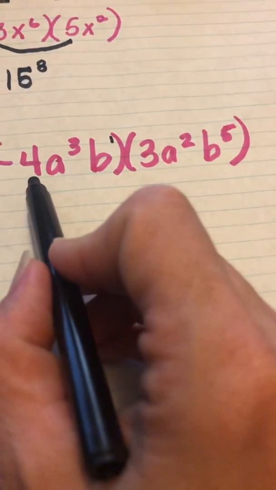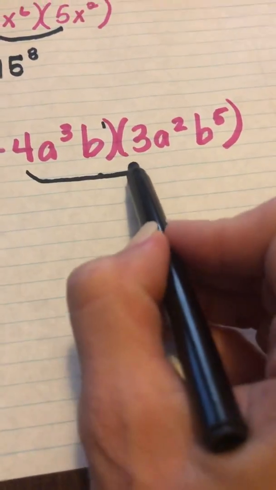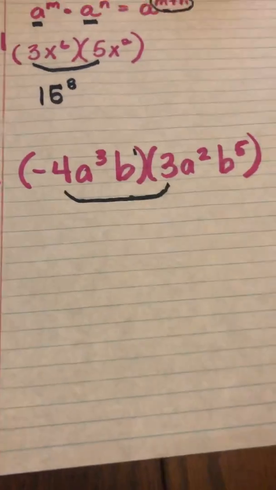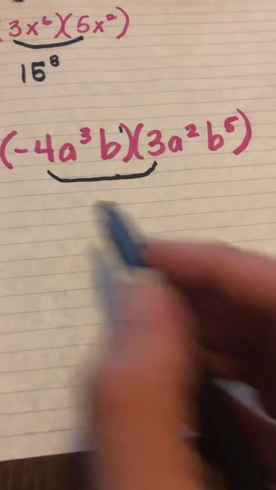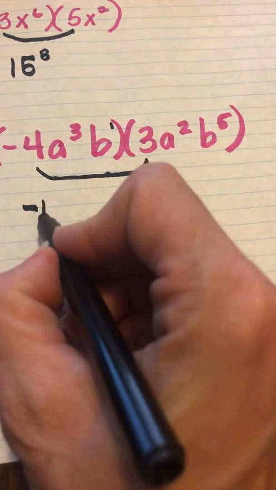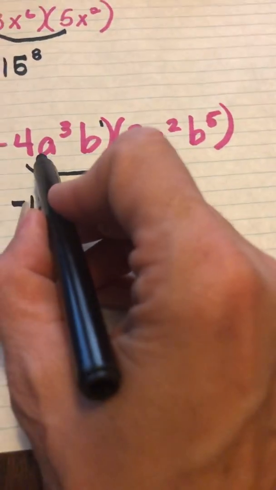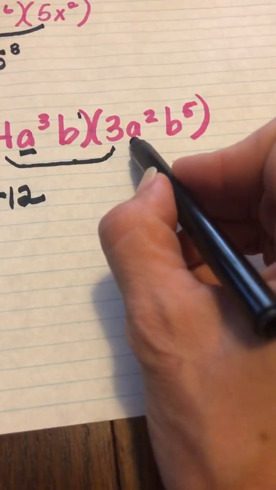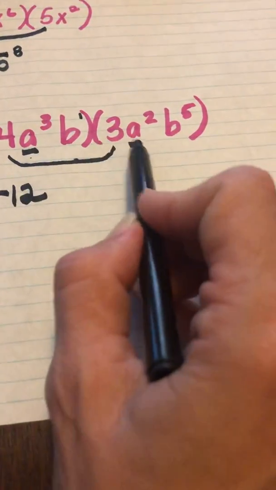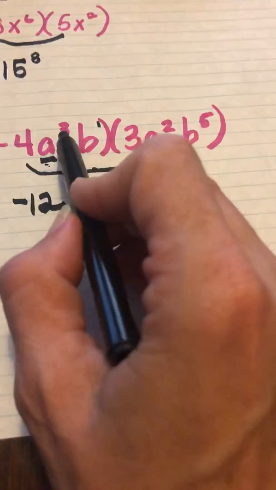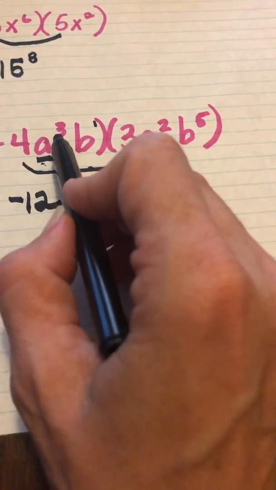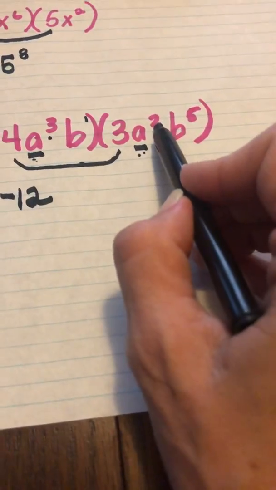Again, we're going to do negative 4 times positive 3. The very first thing I do is look at my bases and multiply them together. Now we're going to look at our powers. For A, my bases are the same, so all I'm going to do is add the 3 and the 2.